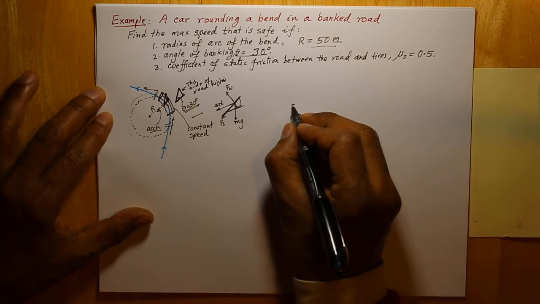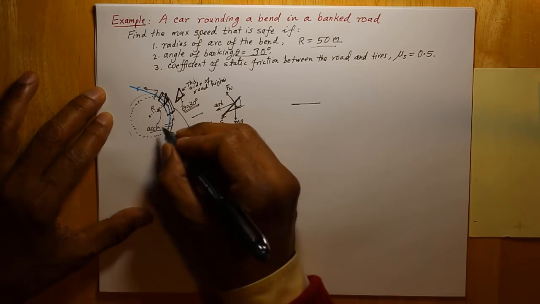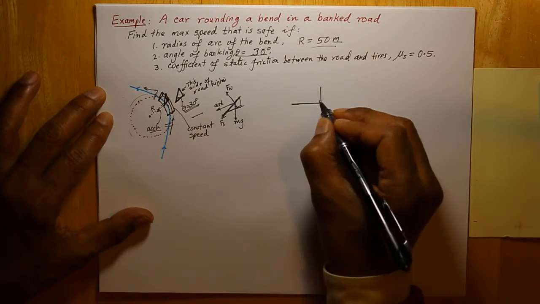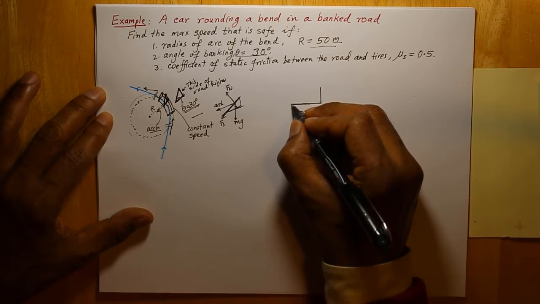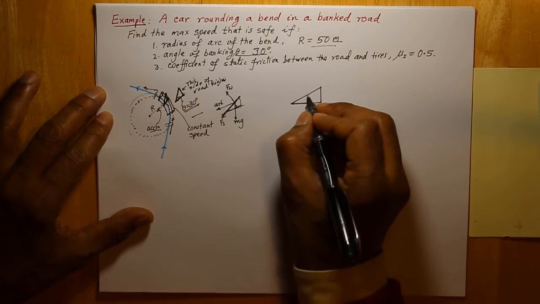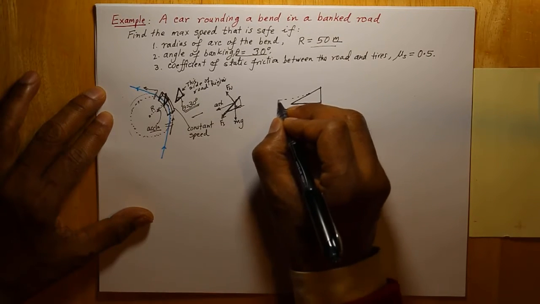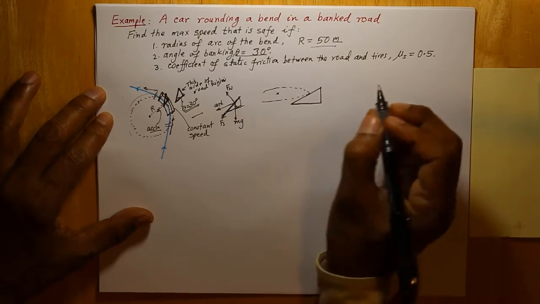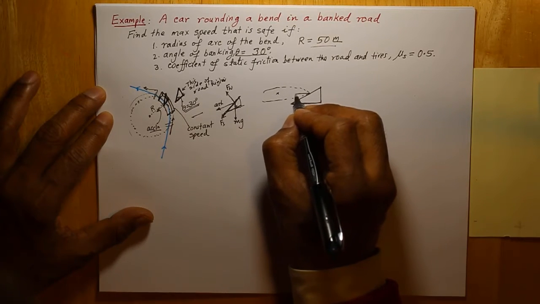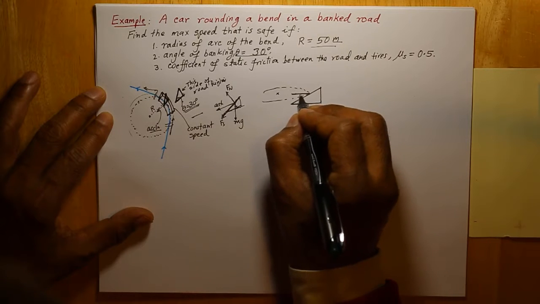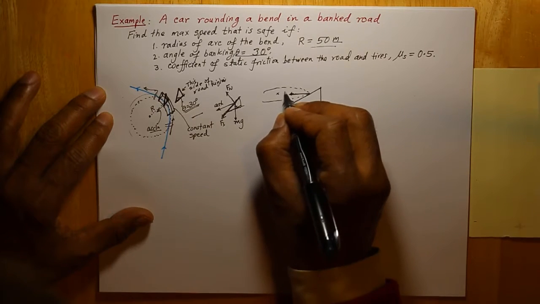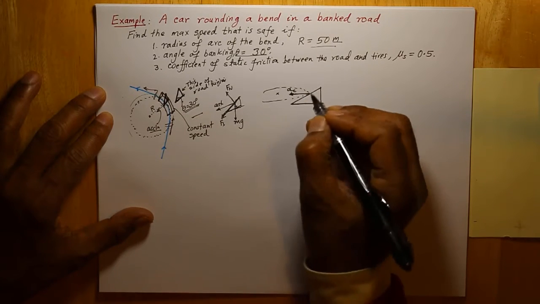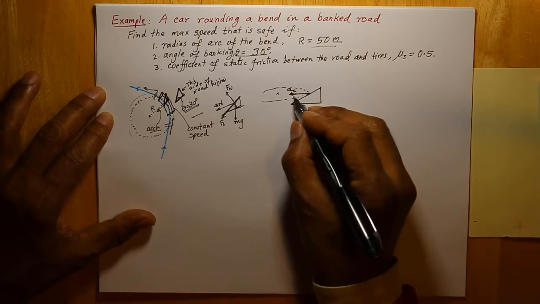This is a cross section of the road, where this side is higher and this side is lower, and the circle is like that. So this is where the center of the circle is. Acceleration is in that direction, and that's centripetal acceleration, and there's no other acceleration. So the net force has to equal that.